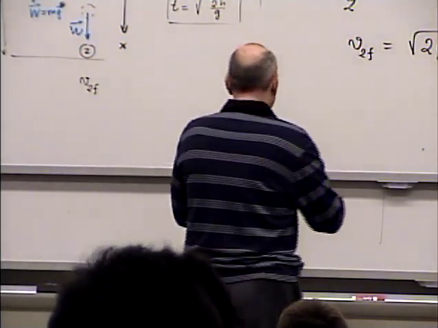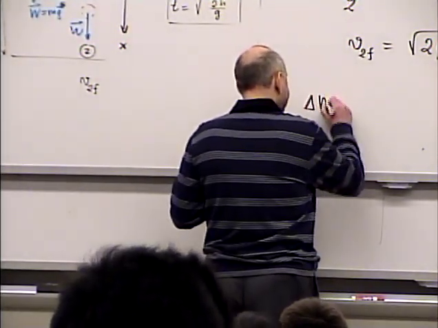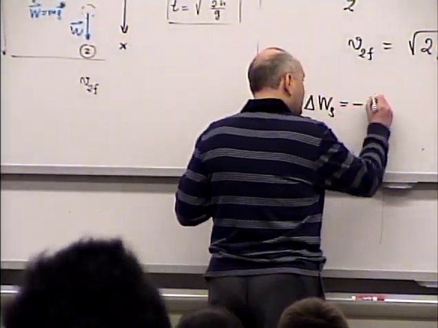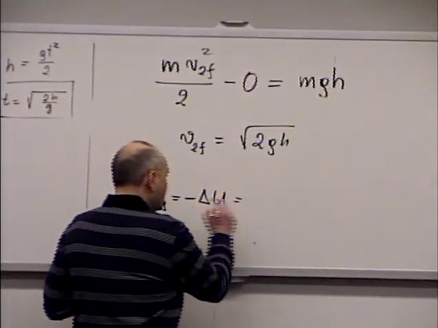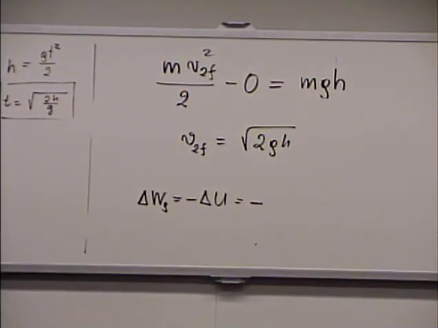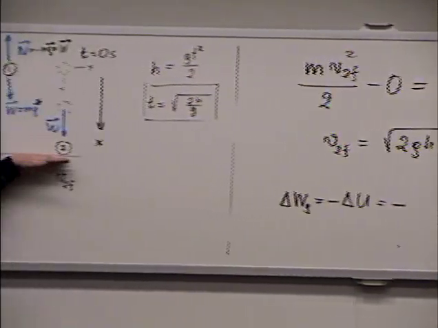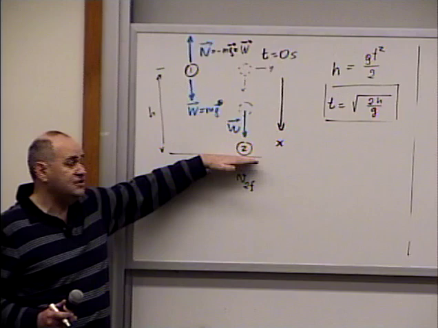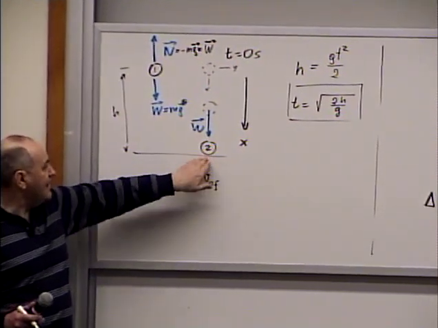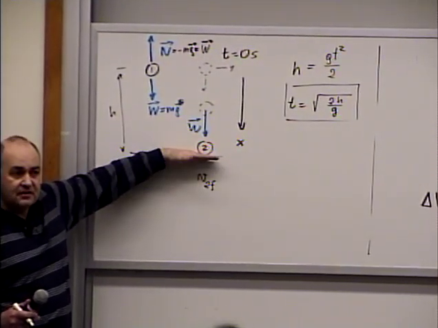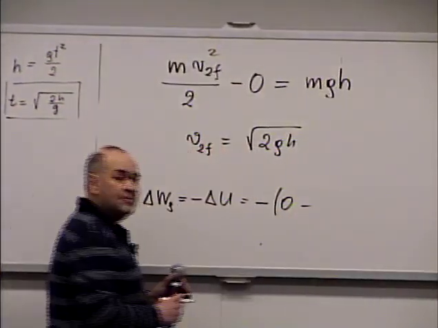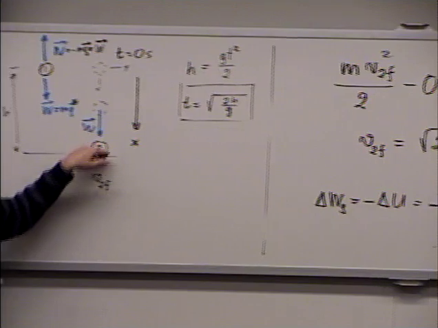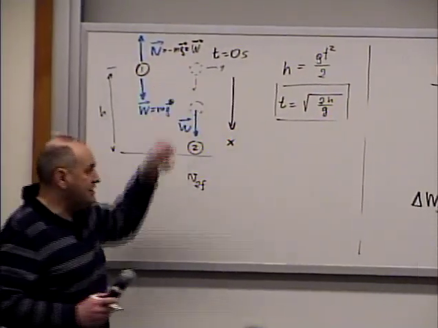So I could calculate this gravitational work as opposite to the change in potential energy. Now, let's say I pick the reference for potential energy at the bottom. So final potential energy would be 0. Initial potential energy will be mgh.